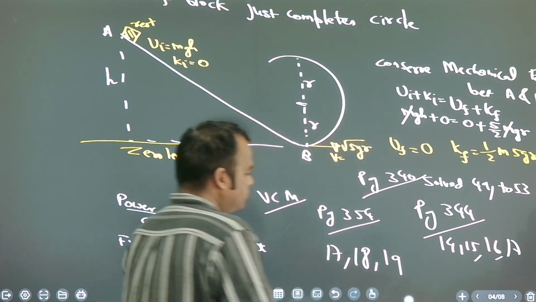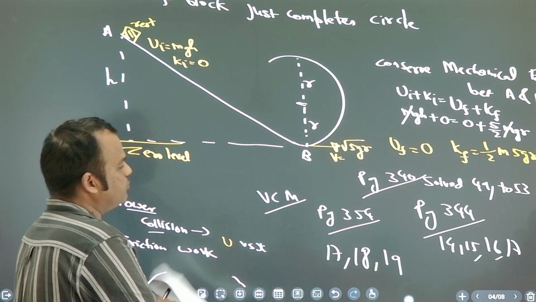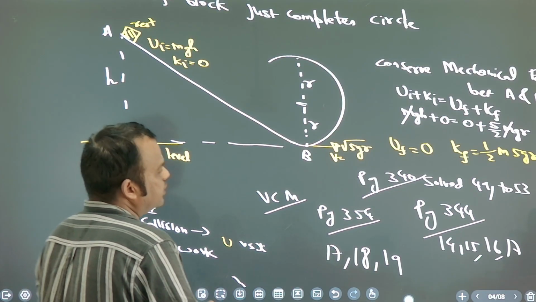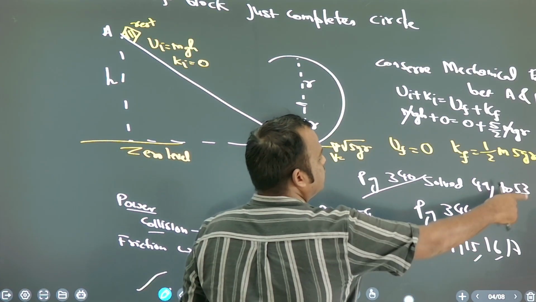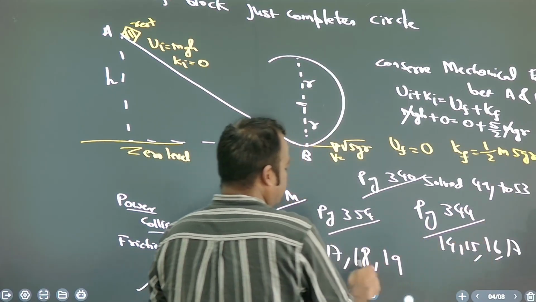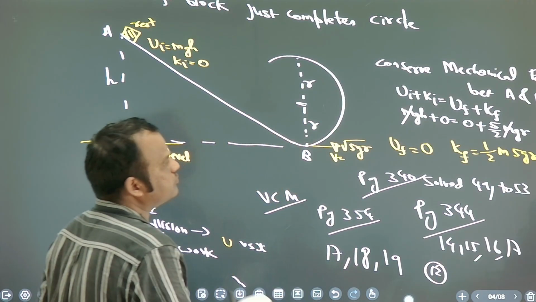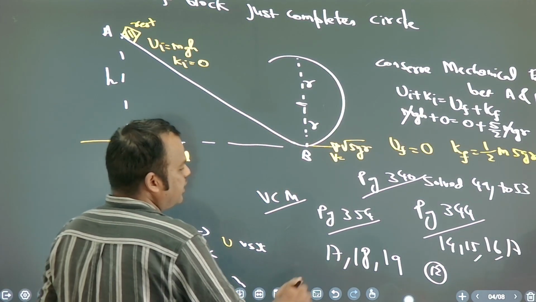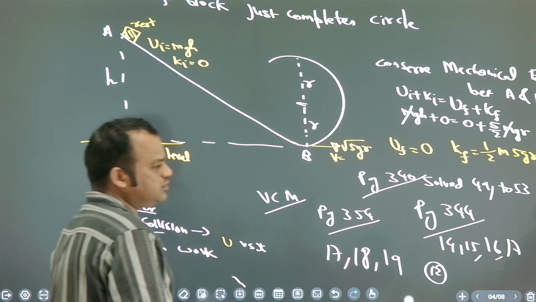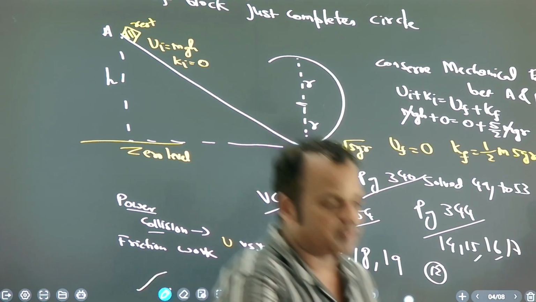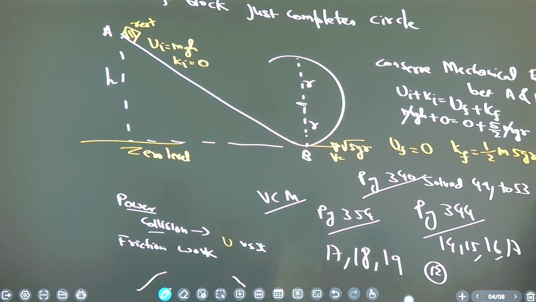Okay, so try these questions. So vertical circular motion, 12 questions total. First solve at least 5 or 6 questions, then take a break. Okay, fine. So don't take a break now. First you solve questions.